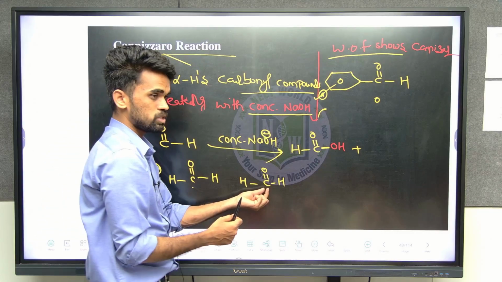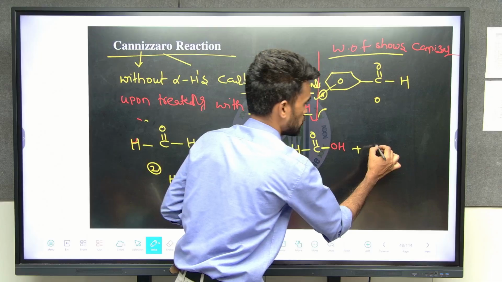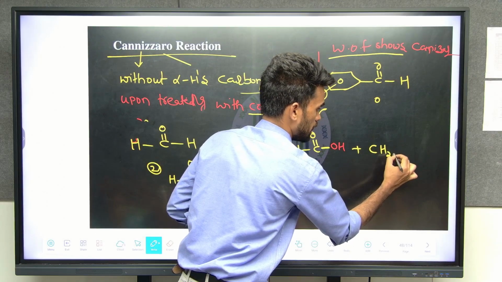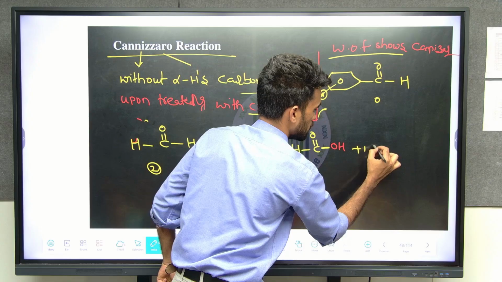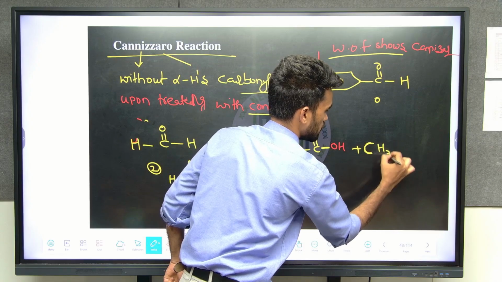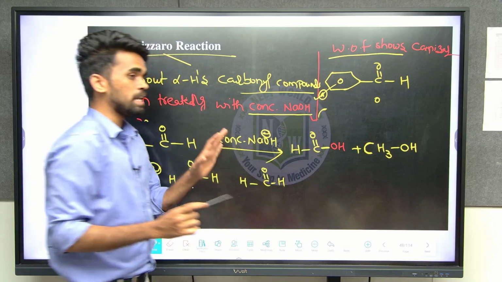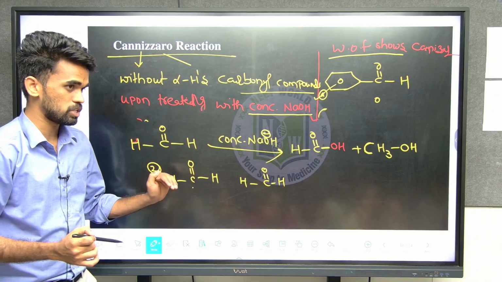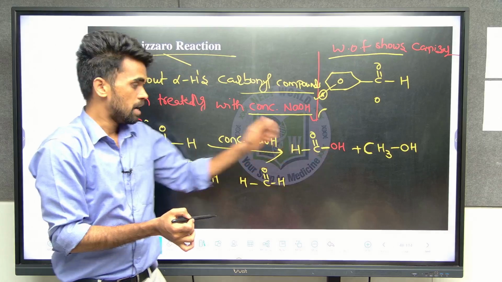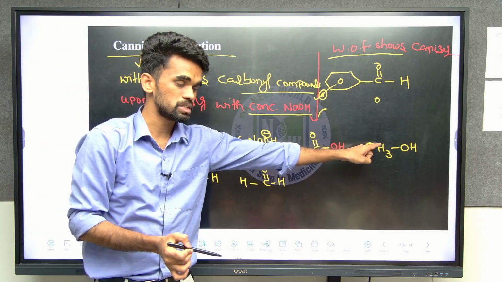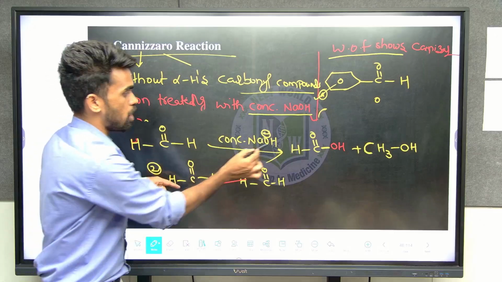Now how many hydrogens come to this? Two already there, one new one. Totally 3. So it becomes CH3, and next the O becomes OH. So in Cannizzaro reaction, one molecule gets oxidized, the other molecule gets reduced. What do we mean by oxidized and reduced? To this molecule you are adding oxygen.